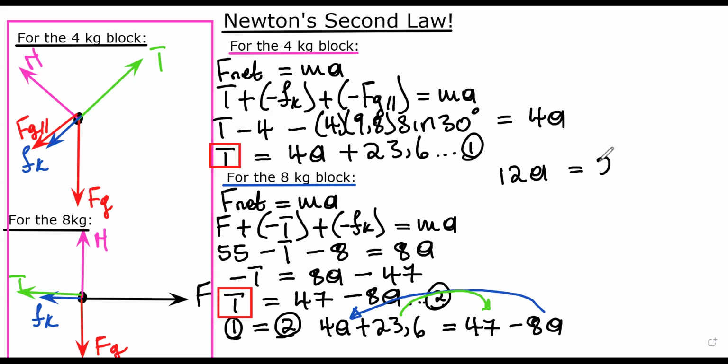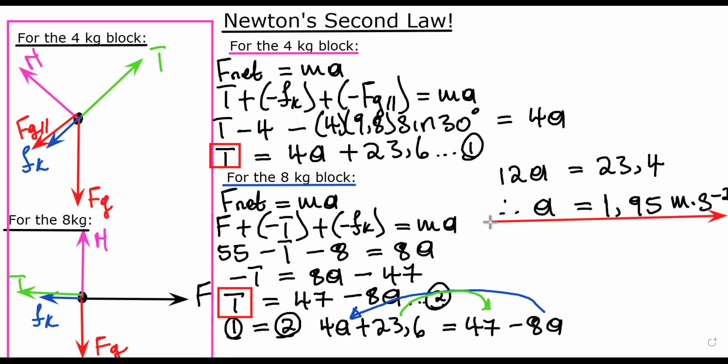And this gives us 23.4. And if we divide both sides by 12, then we find that the acceleration will just be 1.95 meters per second squared upwards along the incline, okay?